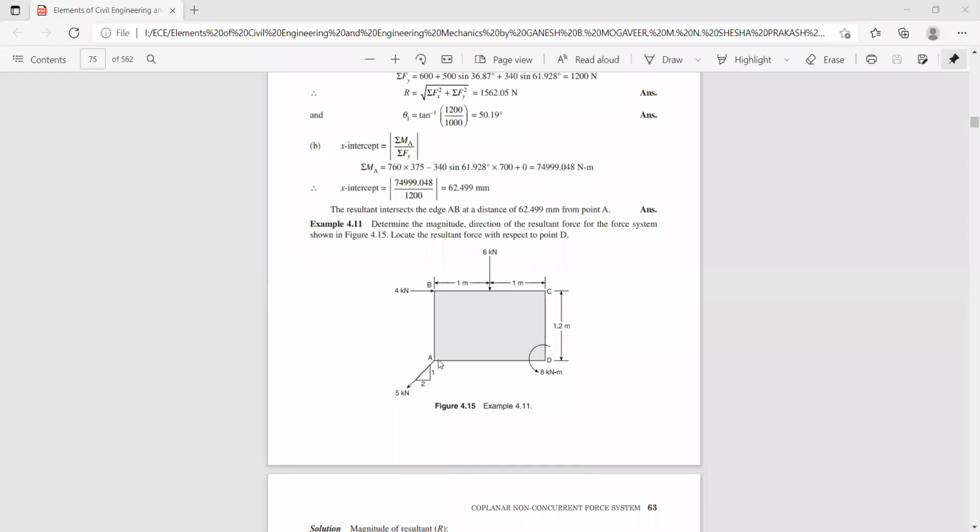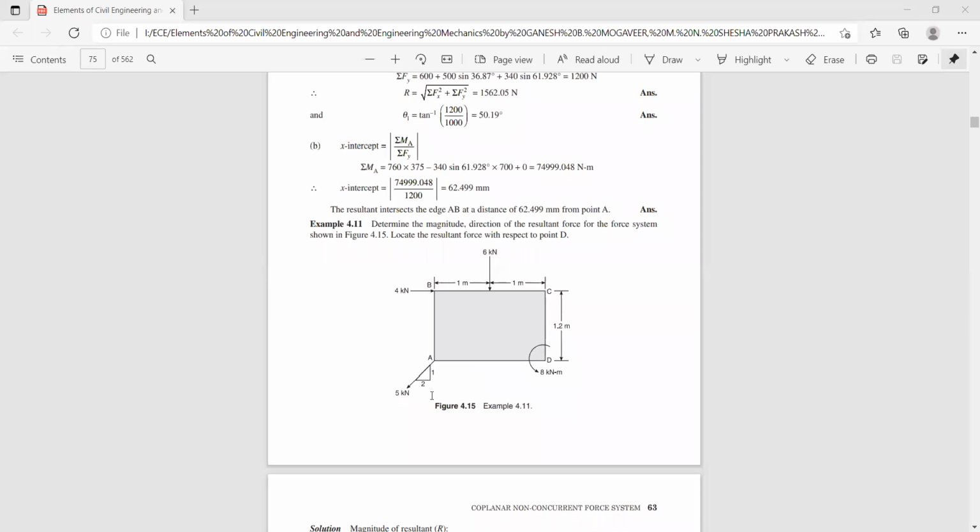Now here you have a force of 5 kilonewton. Here the angle is not given, the slope of the line is given, so you can find this angle using the tan relation: tan theta is equal to 1 by 2, that is 0.5. So tan inverse 0.5 gives this angle, and the alternate angle with respect to x-axis will also be theta.